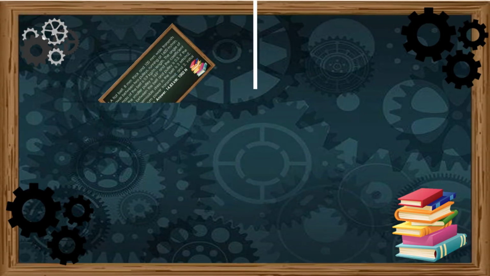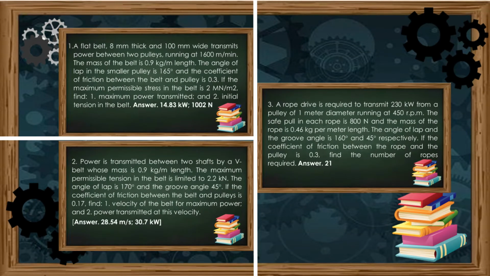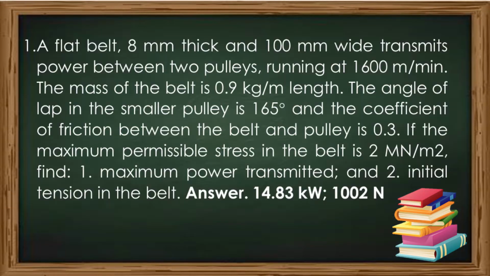We have here three problems which embody the three types of belts, which are the flat belt, V-belt, and circular belt or rope. For problem number 1, a flat belt 8 mm thick and 100 mm wide transmits power between two pulleys running at 1,600 meters per minute.